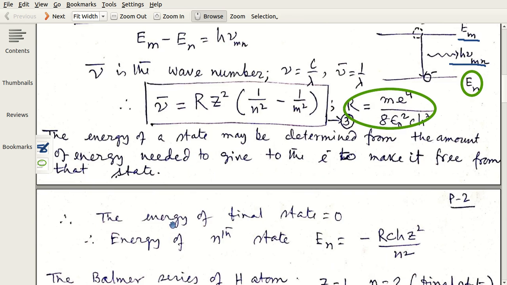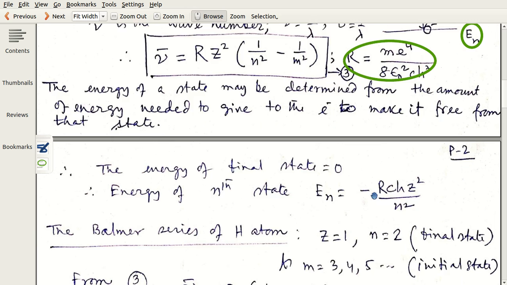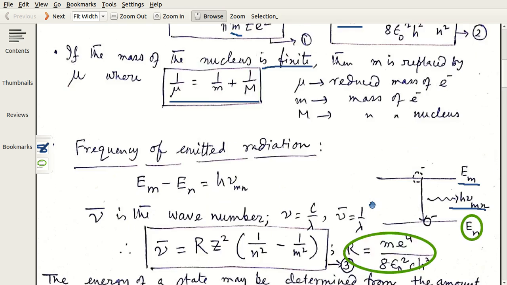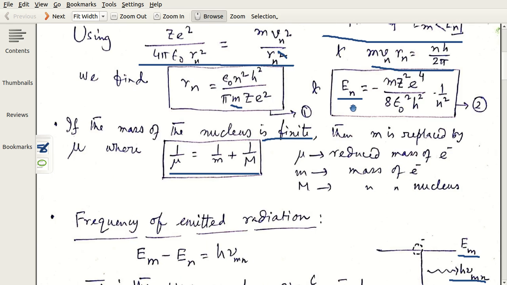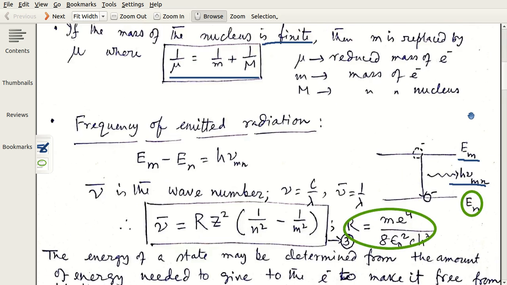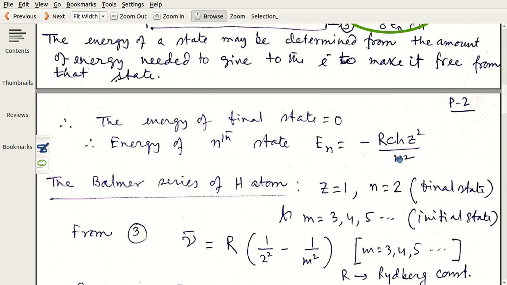Then the energy of the final state is 0, so the energy of the nth state in terms of the Rydberg constant comes out to be this expression. Simply here we see, compare it with equation number 2, and we can write it in this way. The energy of the nth state in terms of the Rydberg constant.